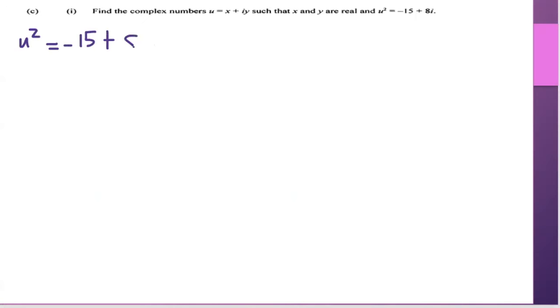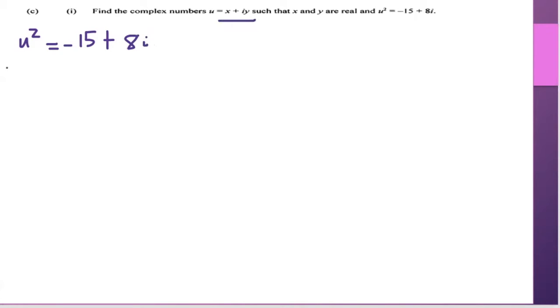Find the complex numbers u equal x plus iy such that x and y are real and u square equal negative 15 plus 8i. Given this information, I know that u is equal to x plus iy, but also u square is equal to minus 15 plus 8i.